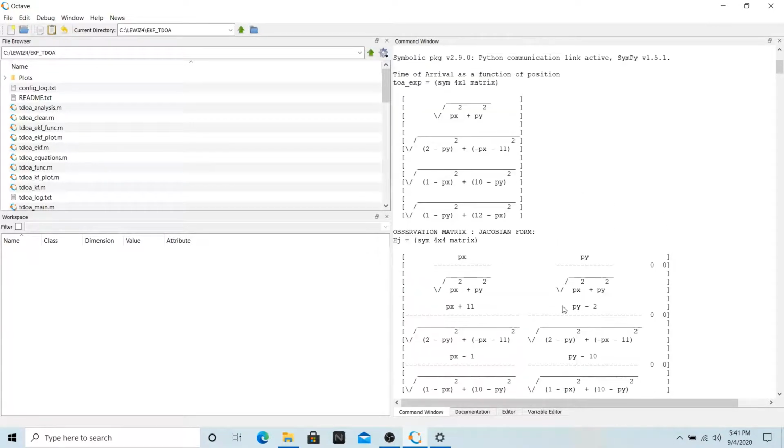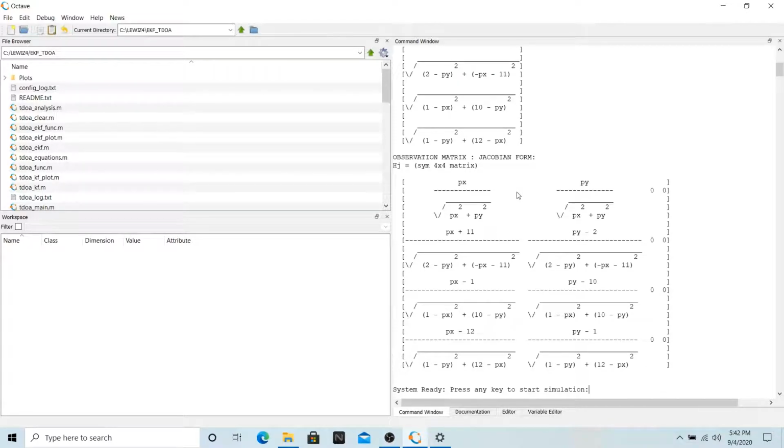Now, as you can see, the time of arrival expressions, in simplified form, can be seen on the command window here. And the observation matrix is in the Jacobian form, which is nothing but the partial derivative of the equations shown for the time of arrival. These equations are used in the multiple iterations of the Kalman filter algorithm, and it can deal with the nonlinear nature of the measurements. Now I will start the simulation.